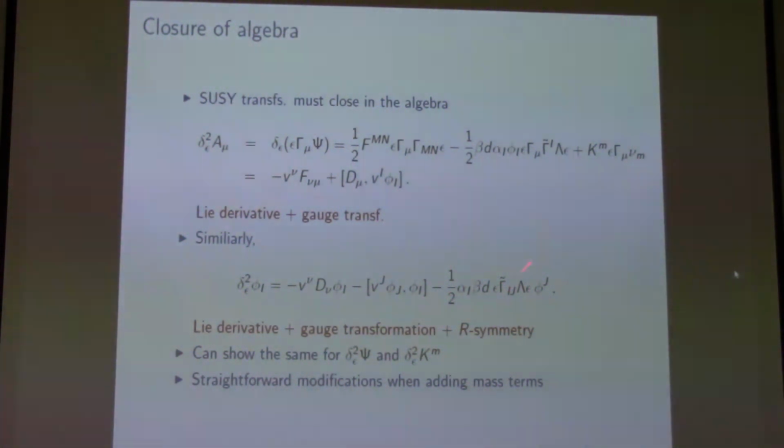And you can see that the R-symmetry transformations that you're doing are within the R-symmetry transformations that survive, namely the SO(1,2) cross SO(7-d). So this is a good transformation. These things close inside the algebra, and you can show the same for the other cases. And there are straightforward modifications when adding mass terms. Let me not do that.